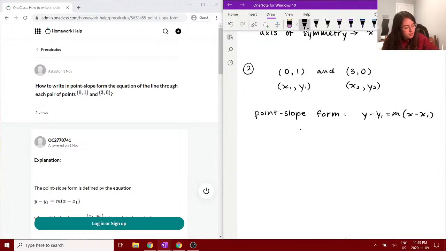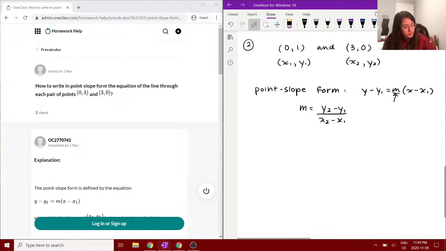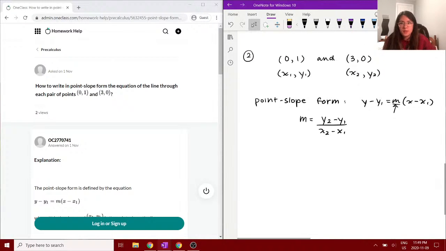And we can also find m from the equation y2 minus y1 over x2 minus x1. Okay? So that's what we're going to do. We're going to sub in the given points, and we're going to find the point-slope form equation.